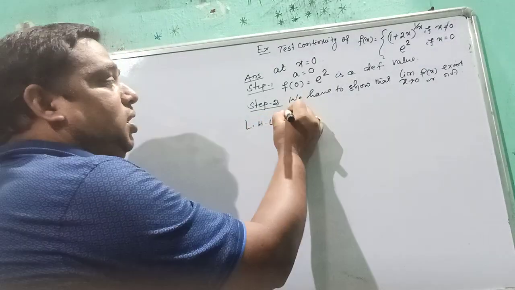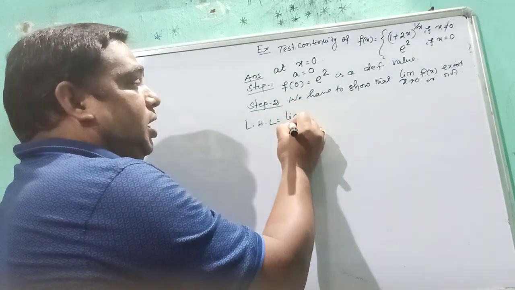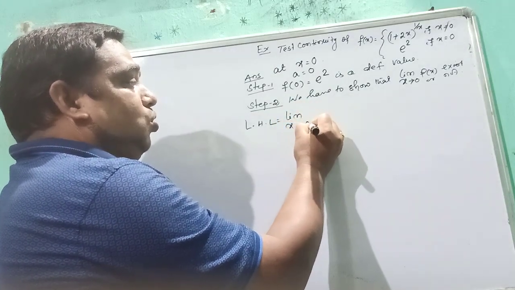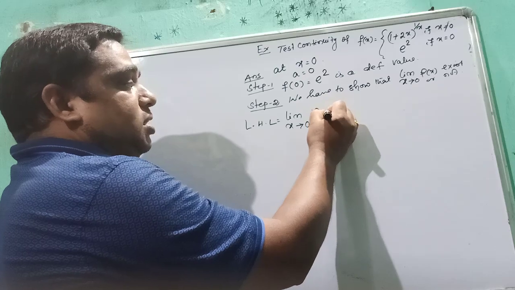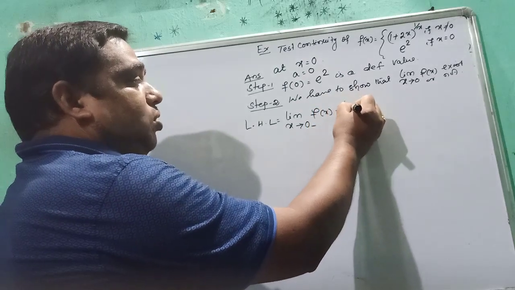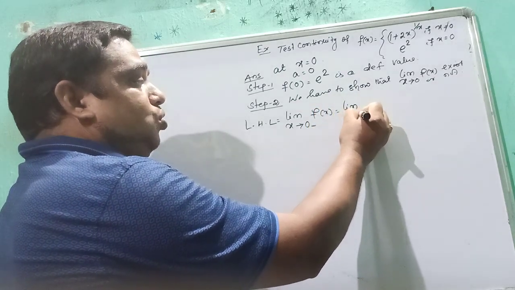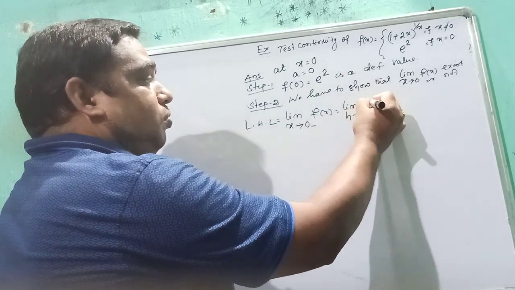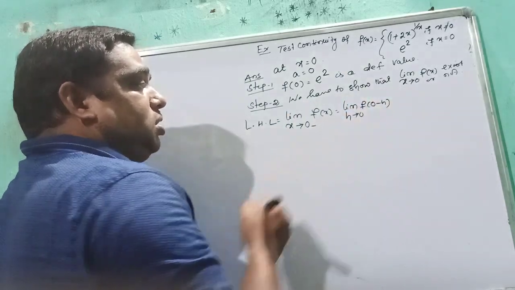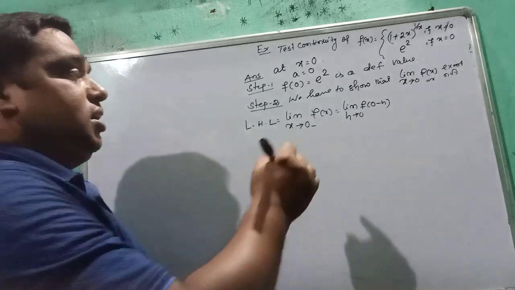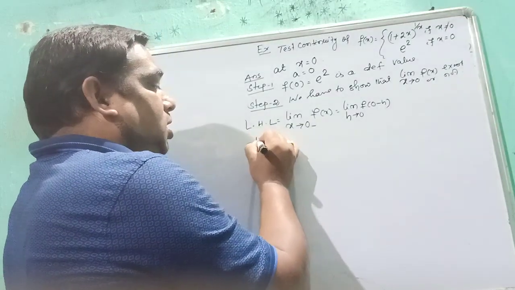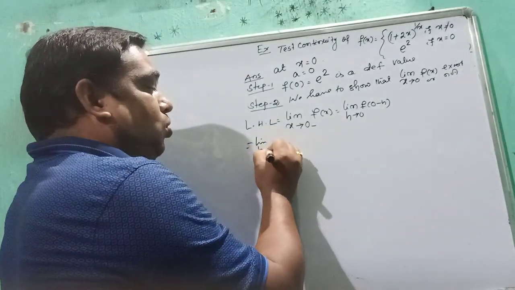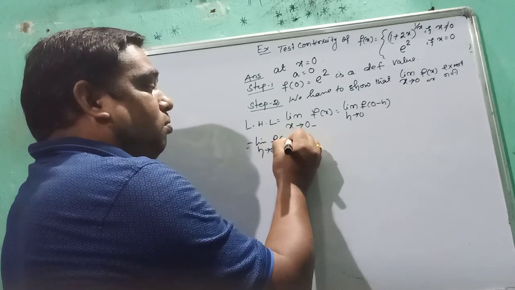What is the left hand limit? Limit x tends to 0 minus of f(x). So what is its value? Limit h tends to 0 of f(0 minus h), which is limit h tends to 0 of f(minus h).